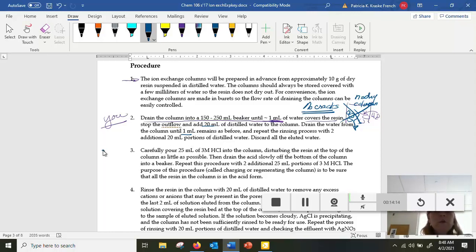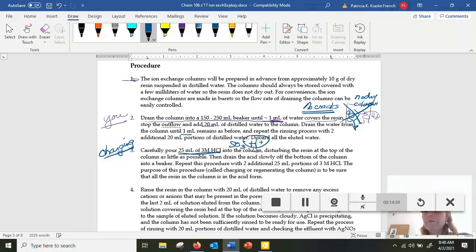Now you're going to do what's called charging the column. You're going to charge the column by adding a fairly strong solution of hydrochloric acid. And at this point, the H pluses will attach to all those sulfites that are in there. Boom, all of them.